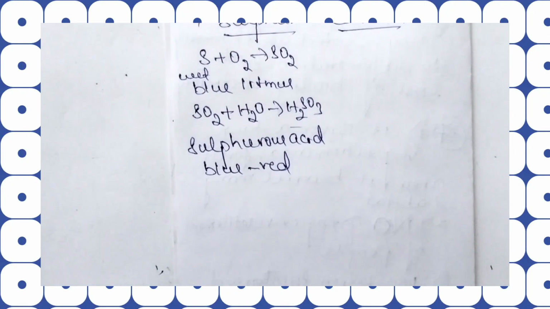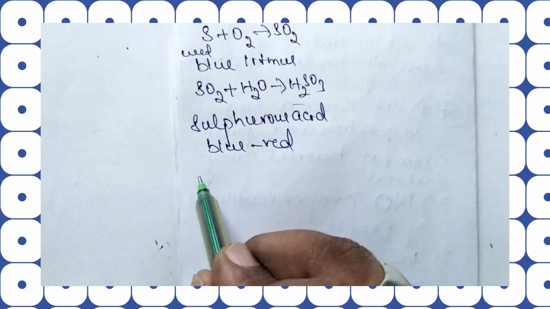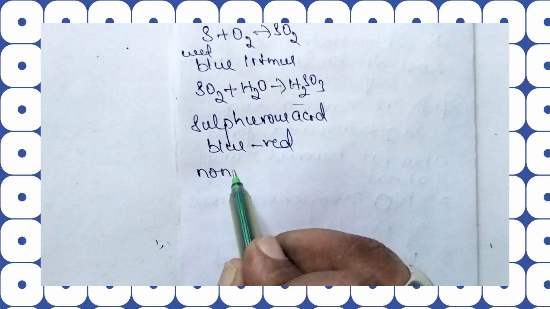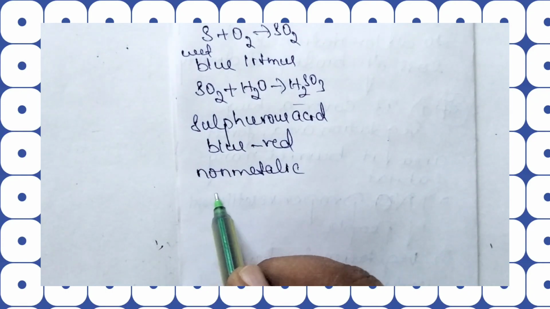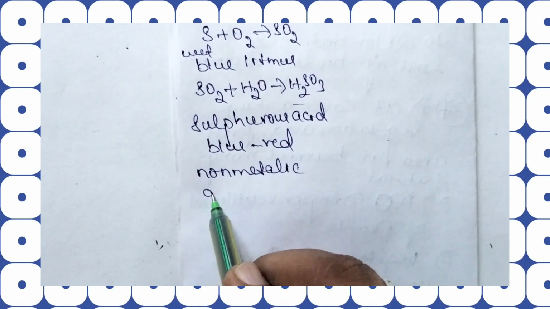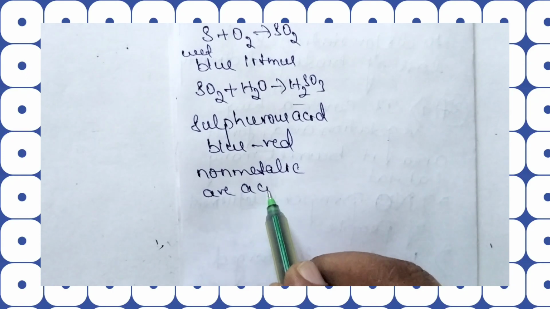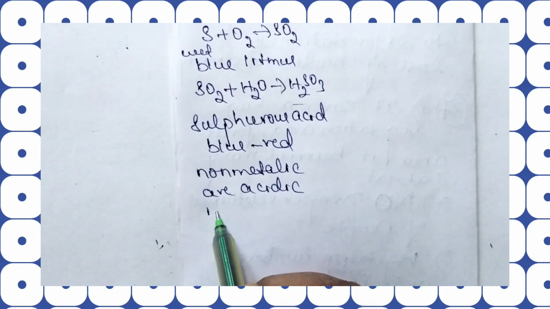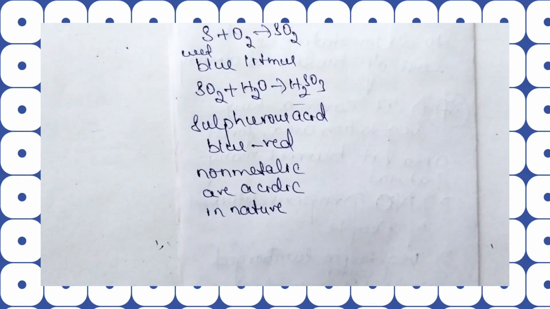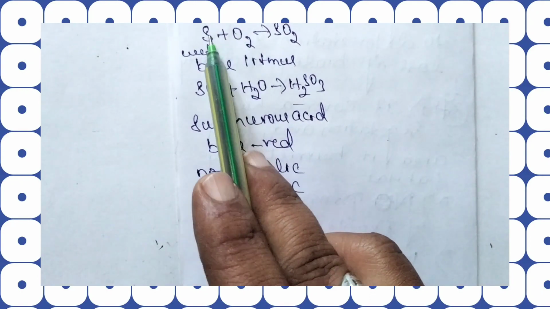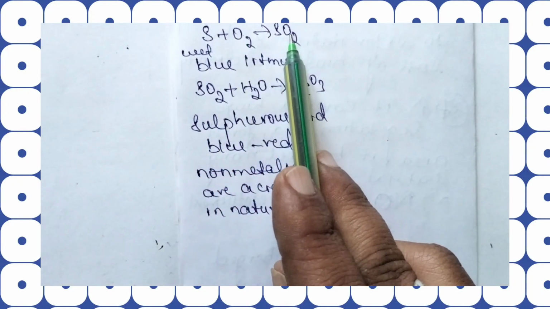And the conclusion of this is that the non-metallic oxide of sulfur is acidic in nature. This is the conclusion, because the blue litmus has been changed into red. So blue to red means it must be acid. So when sulfur powder is burnt, it forms sulfur dioxide.